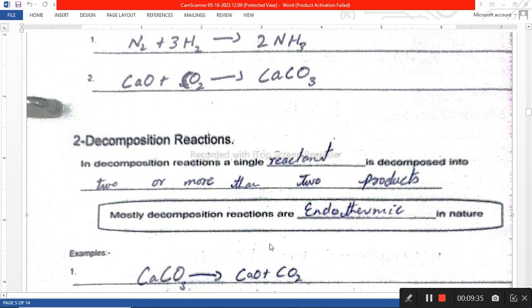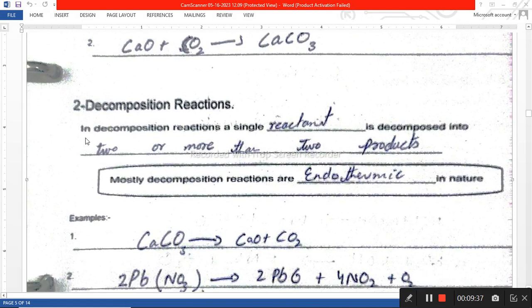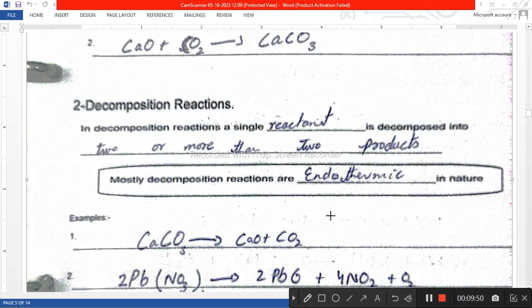Now decomposition reactions. What does decomposition mean? Decay. In decomposition reactions, a single reactant is decomposed into two or more than two products, vice versa to the addition reaction. Like CaCO3 decomposes to CaO and carbon dioxide.